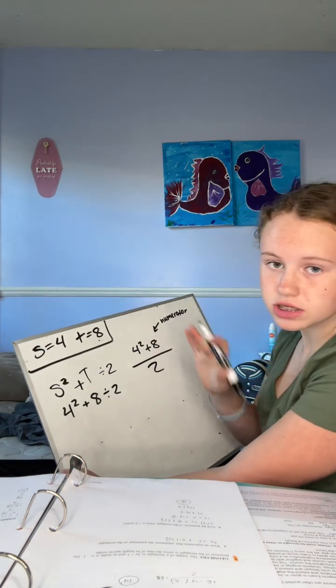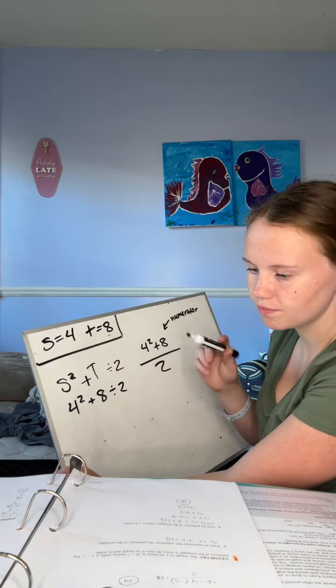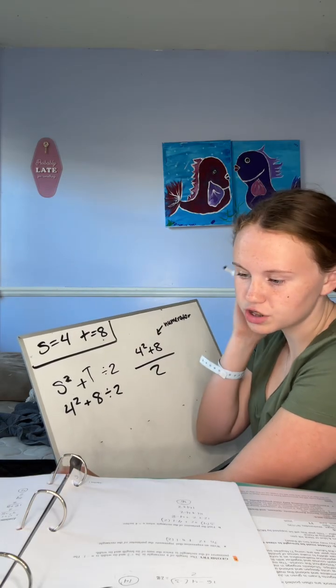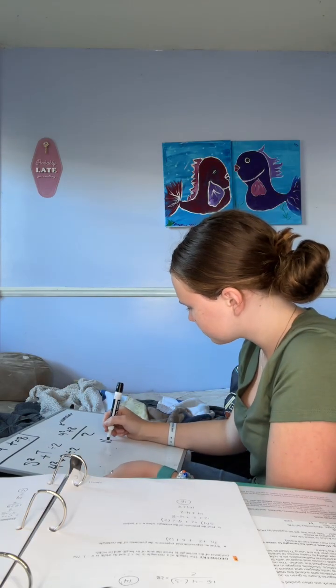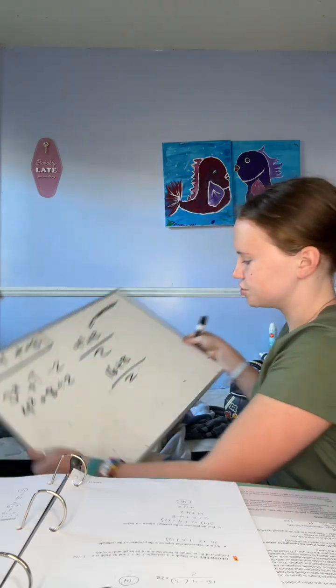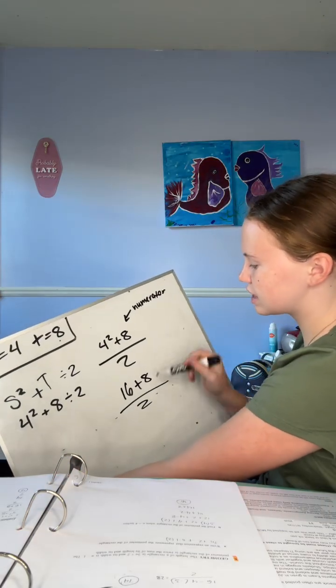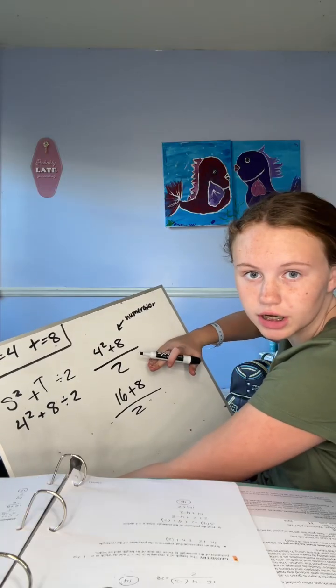So, still going with PEMDAS, 4 to the second power, which is 16. I'm going to bring that plus 8 and that divide by 2. Okay, now I have 16 plus 8. Like I said, I finished solving my numerator before I even move on to the denominator.